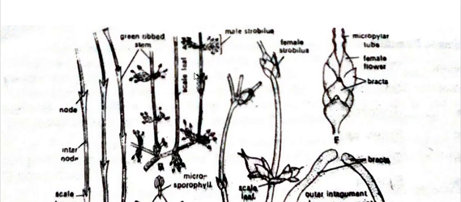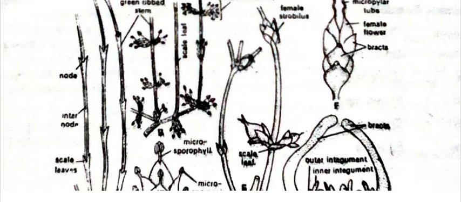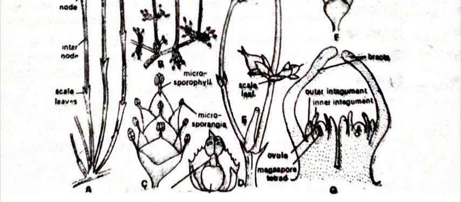These are the male cones, and in these male cones the pairs of bracts are produced, and in the axils of these bracts the microsporophylls are produced, and on these microsporophylls microsporangia are produced.